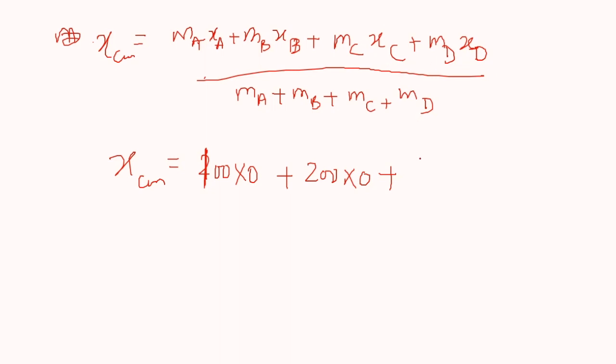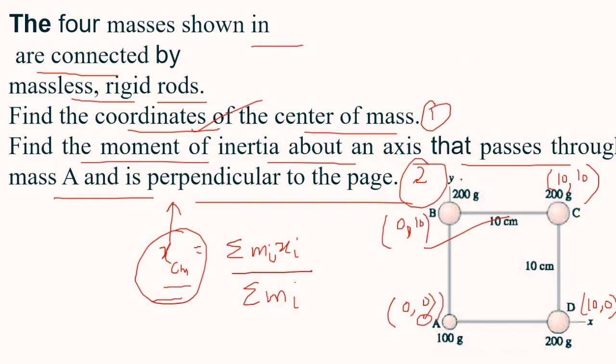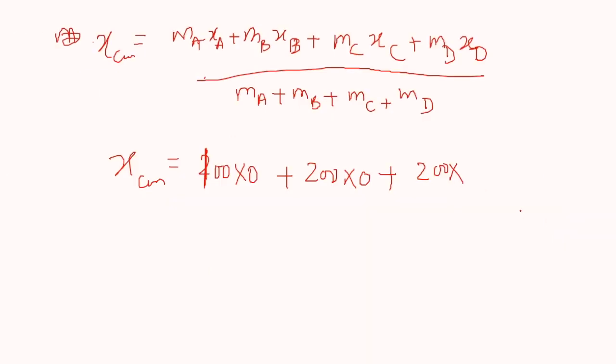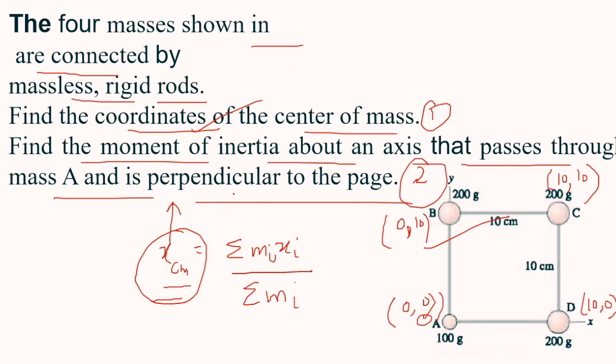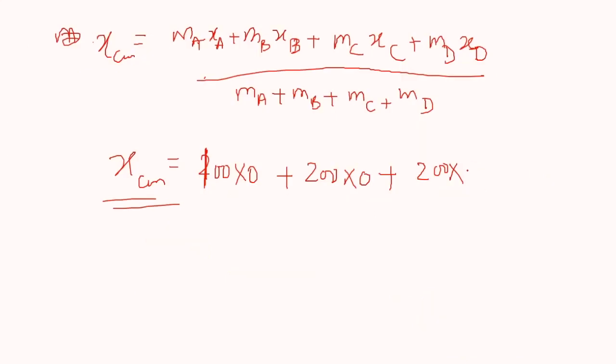For C, it's 10 centimeters. If you put it in centimeters, then XCM will come in centimeters; if you put it in meters, then XCM will come in meters. It's up to you, so let's convert to meters.